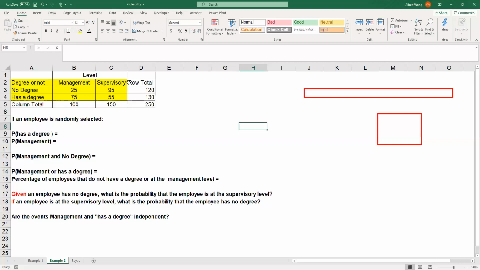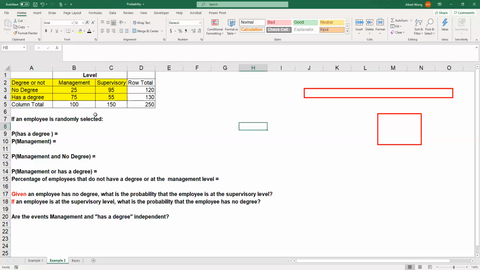Based on this table, and later on we're going to study this table in more detail in another aspect of statistics called contingency tables and chi-square analysis, this is our starting point in terms of calculating probabilities.